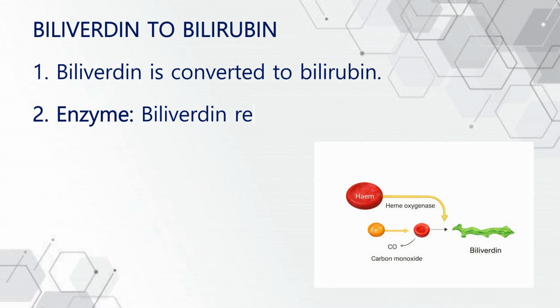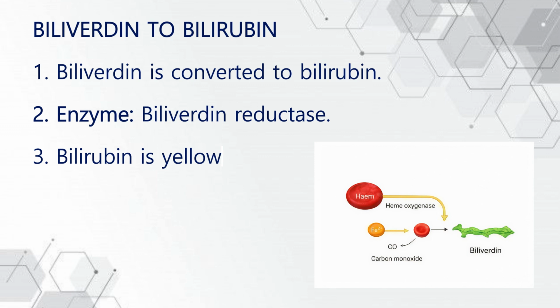It's then converted into unconjugated bilirubin through a reduction reaction, which is catalyzed by the enzyme biliverdin reductase. In this process, biliverdin, the green pigment, is reduced using NADPH as a cofactor, forming the unconjugated bilirubin, which is the yellow pigment.